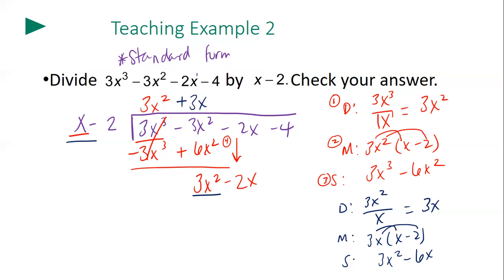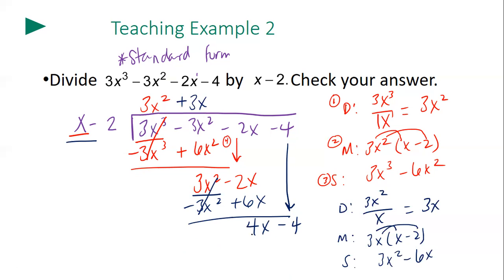And then subtract. And when I subtract again, that means I'm doing what to the signs? Changing the signs. This cancels. I'm left with 4x. And then the last step is to bring down.